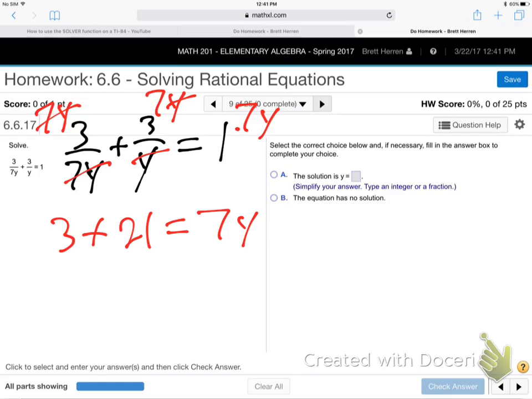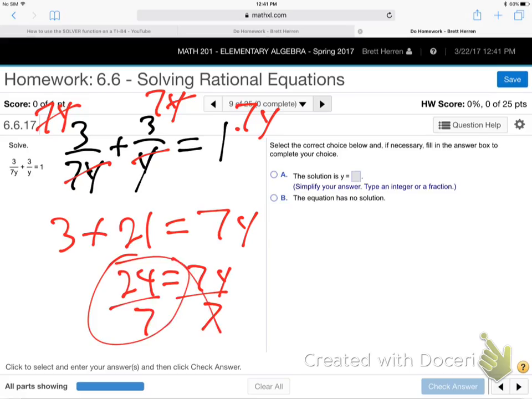No more fractions after the first step, right? And then what's that? 24 over 7y. Last step? 4. There it is. 24 sevenths? Questions on that one? Are we good?